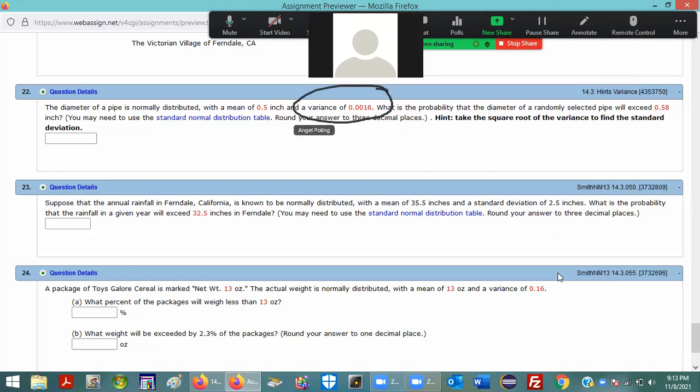The variance, if you recall, is S squared, right? So S is the square root of the variance. The square root of 0.0016 is 0.04.